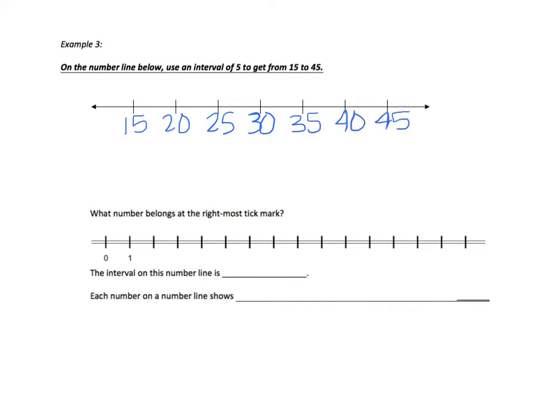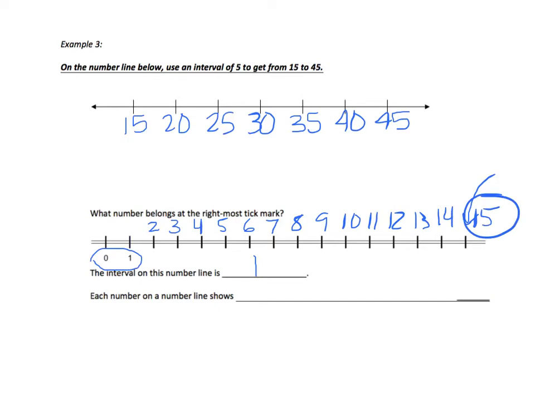Good. Okay. On the graph below, it says what number belongs on the rightmost tick mark. That's talking about this one here. They don't tell us what the interval is, but we can guess just by the relationship between these numbers that the interval on this number line will be 1. So if we continue going up in that same way, we would get 2, 3, 4, 5, 6, 7, 8, all the way to 15.